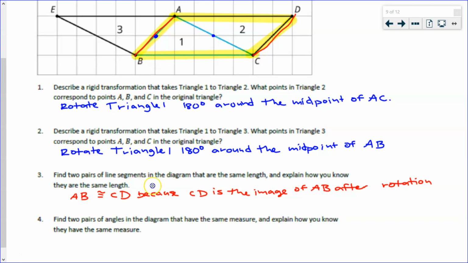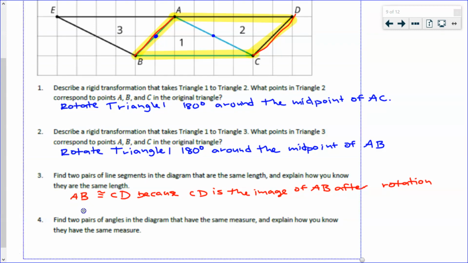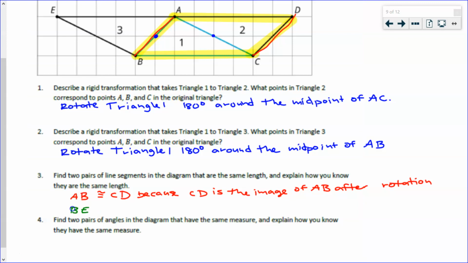Yes, and as you mentioned that, I'm going to be really particular on which order we're talking about them, okay? So BE. Look at where we start with BE. B starts here, and it goes along that long diagonal to E. Okay, so BE. Now, what point corresponds with B? It would be A. So instead of calling it CA, I would actually want to call it AC.